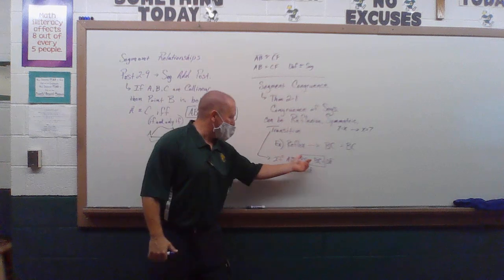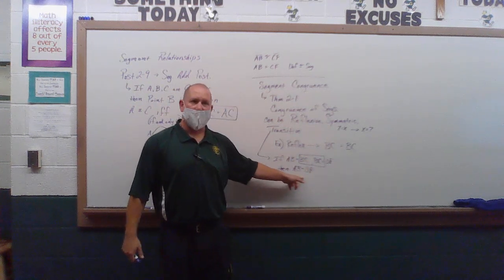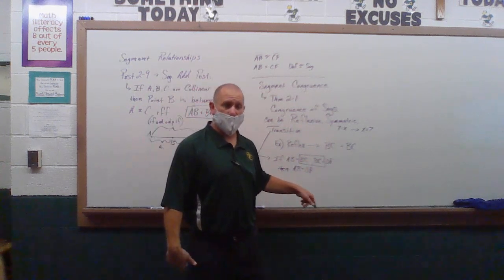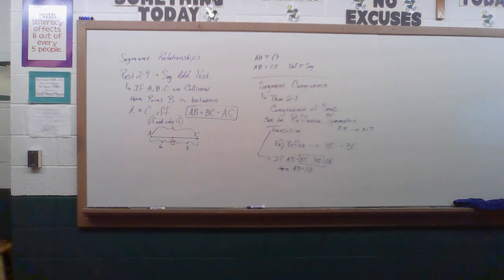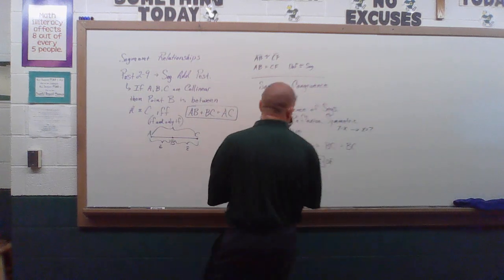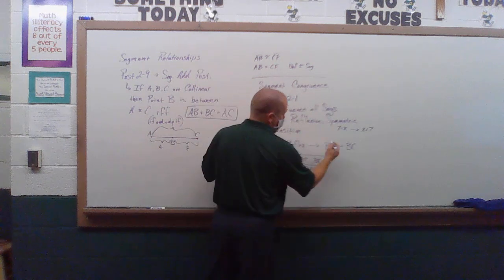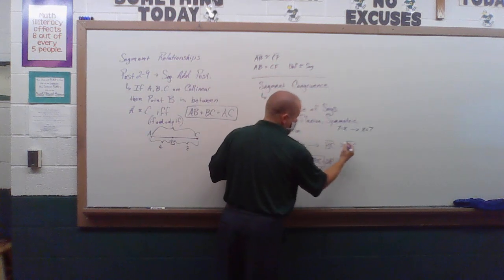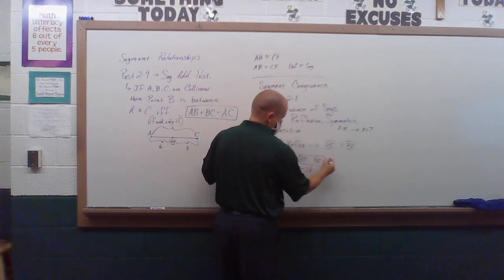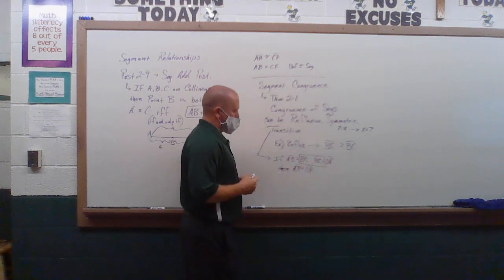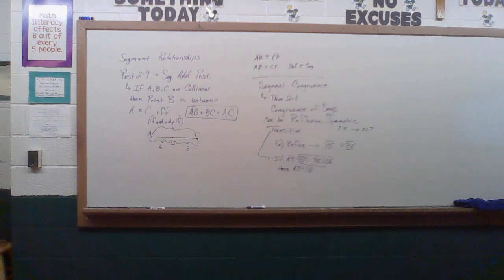I can pluck those two out, and whatever's left over, that tells me the transitive property. Actually, when we come back to this, because it's congruence, these should all have bars on them. So when you do this, you should be using it with congruence instead.